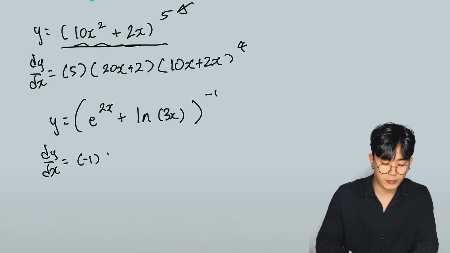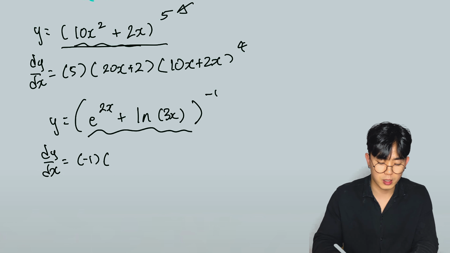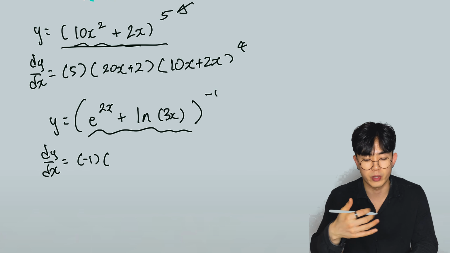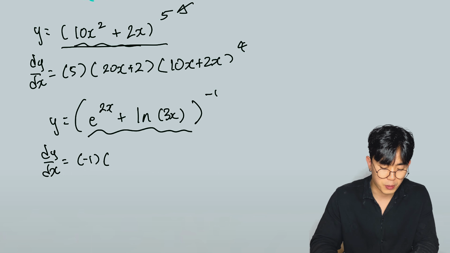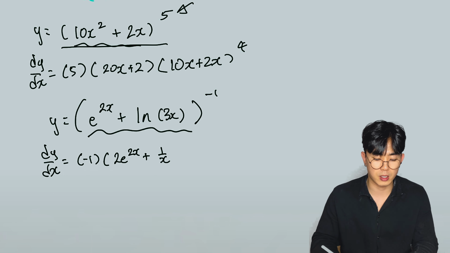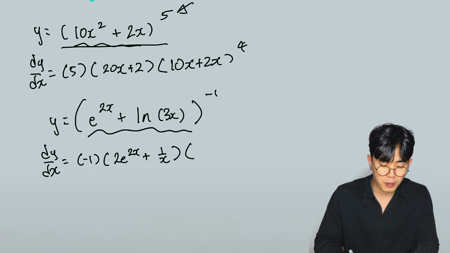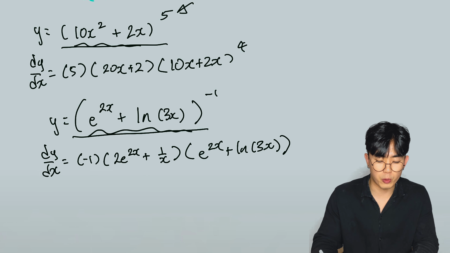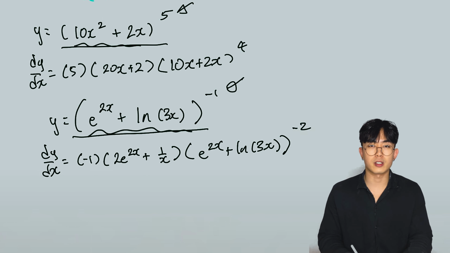Second step, I differentiate the inside bracket. So we've learned in the previous video, right? So if you are still unsure, just go back to the previous video. So e to the 2x becomes 2e to the 2x + 1/x, close bracket. And then I rewrite the whole bracket again, e to the 2x + ln 3x, and I minus 1 to this power, which now becomes minus 2 like this.